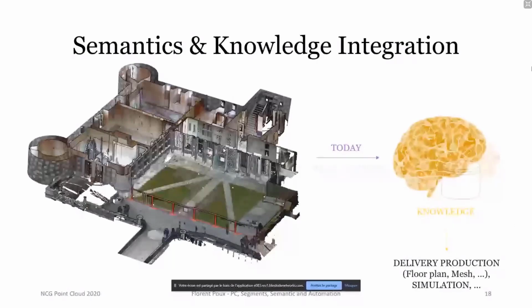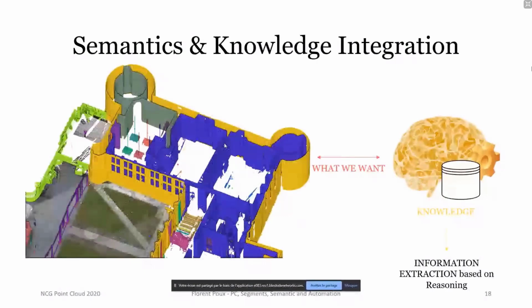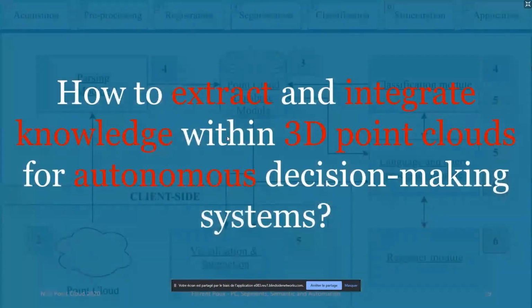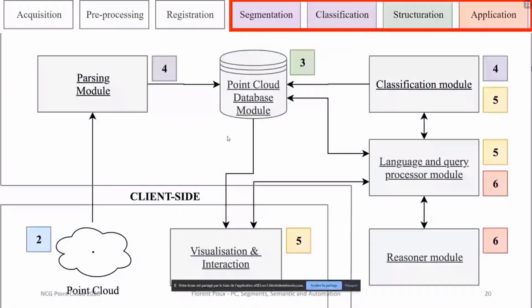And what we want is to integrate directly this knowledge within the point cloud to have a semantic representation that we can act on directly through automatic reasoning based on information extraction. But the problem here is, of course, how can we extract and integrate this knowledge within this point cloud for an autonomous decision-making system?